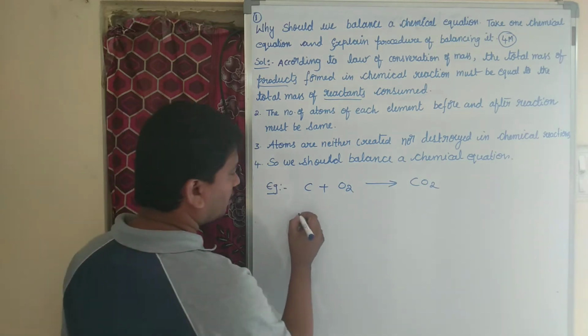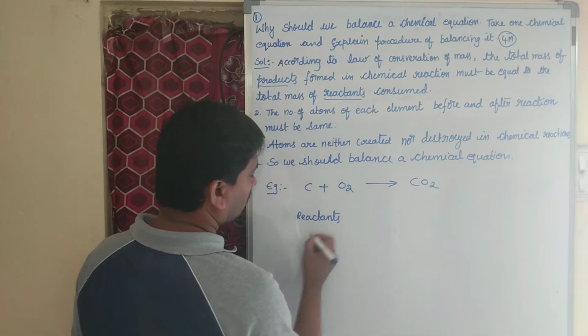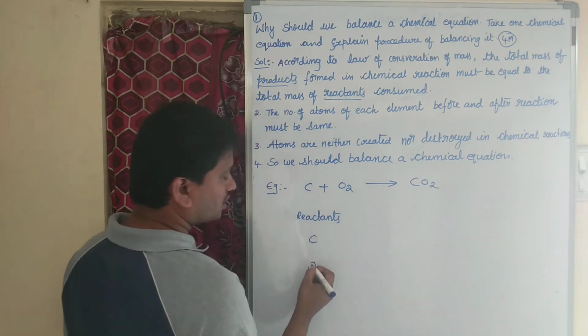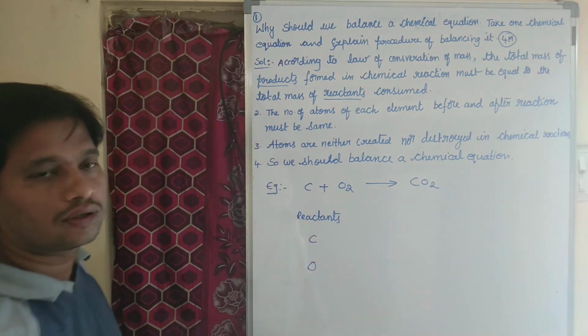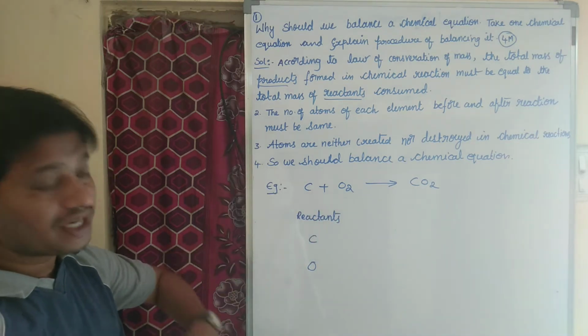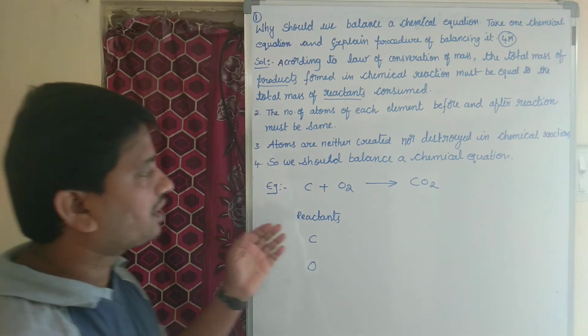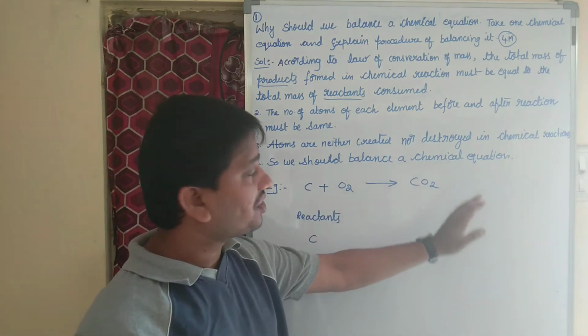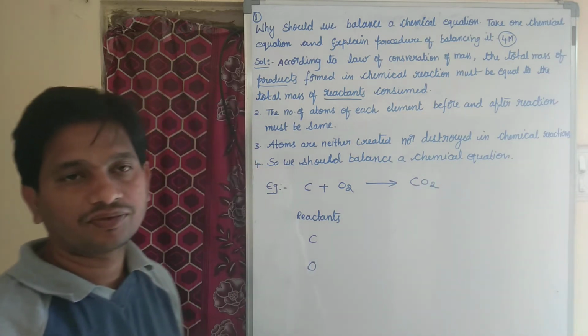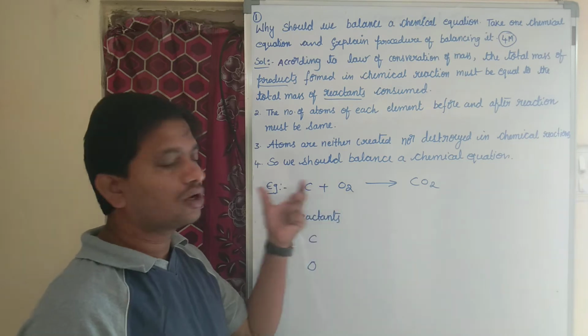Here the reactants are carbon and oxygen. And whatever the end thing you are getting, that is called the product. Here CO2 is called the product, whereas carbon and oxygen are called reactants.